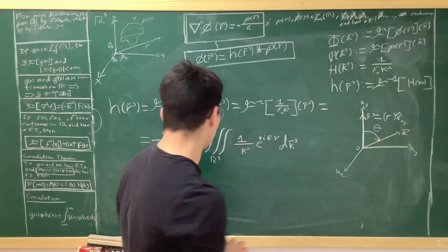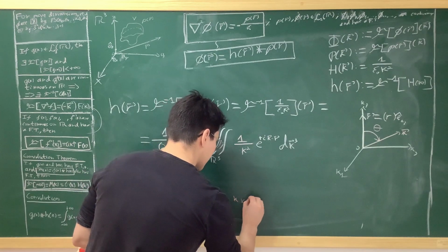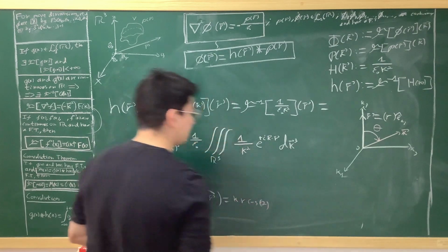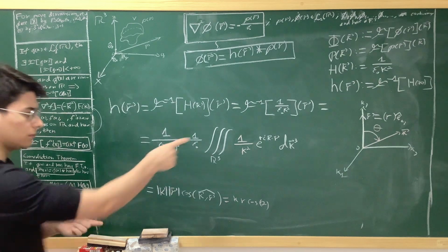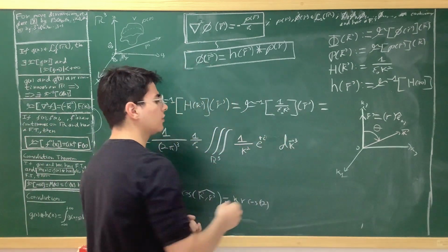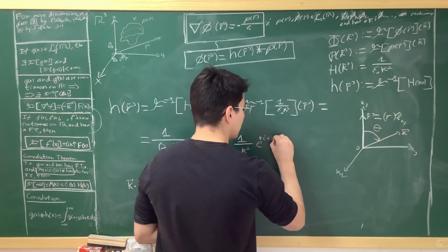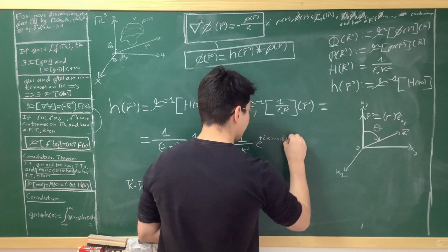So we can just write this as kr cosine of theta. Let me erase this and write this expression we have seen: kr cosine of theta.